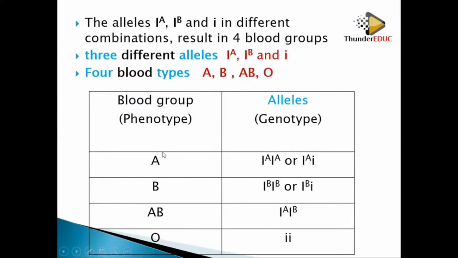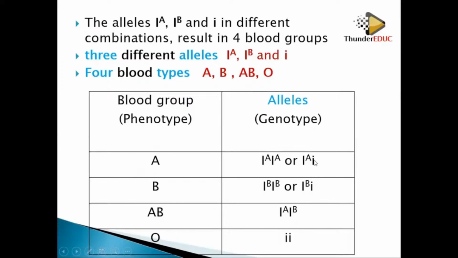I'm blood group A. Yes, you're blood group A. The mother is blood group B. Yes, you're blood group B. How come I have a kid of blood group O? It is possible. If I have a mother of blood group A, heterozygous, and a father of blood group B, heterozygous, I can produce blood group O. Why?